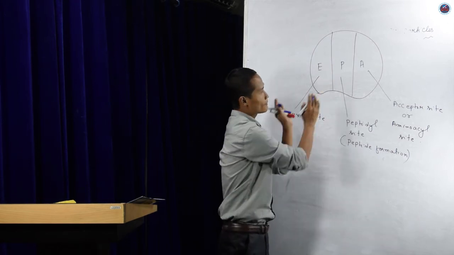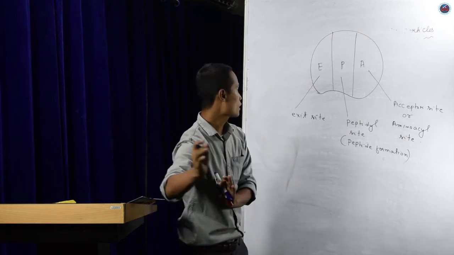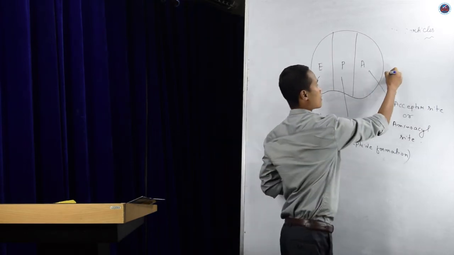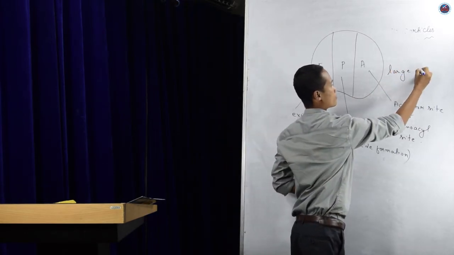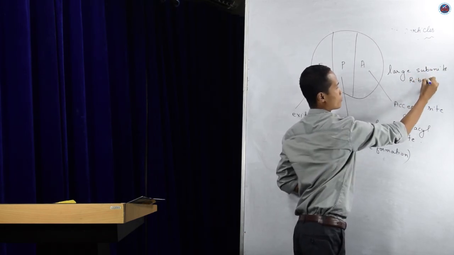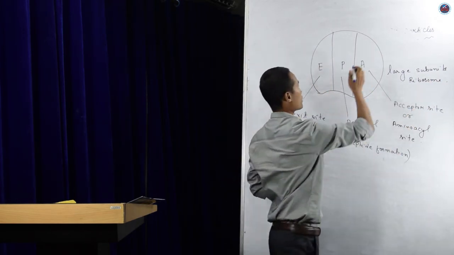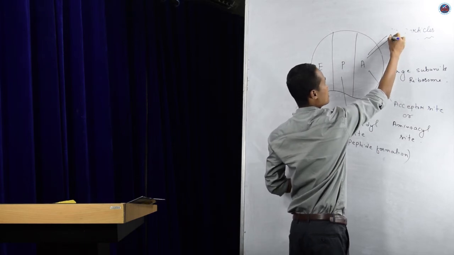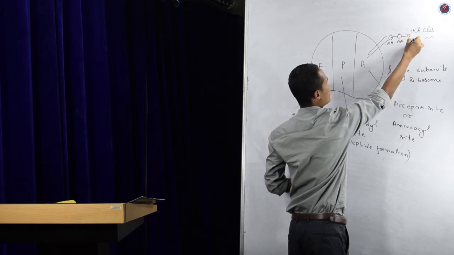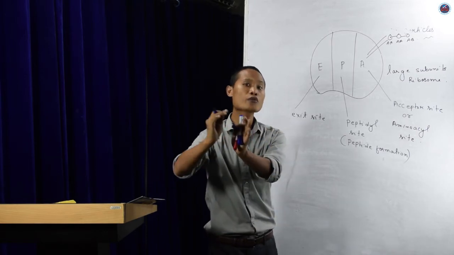So these ribosomes are responsible for protein synthesis. During protein synthesis we need ribosomes, and this is the large subunit of the ribosome. In the A site the amino acid will come. You know that proteins are made up of amino acids.